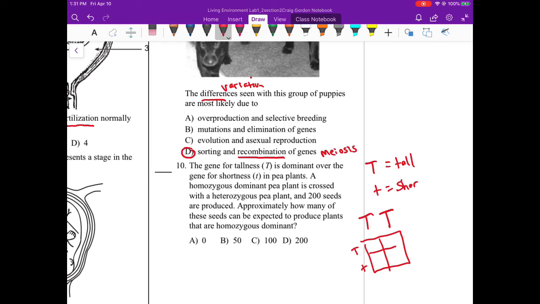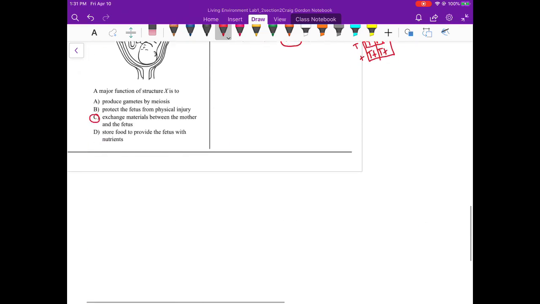How many of those seeds are expected to produce homozygous dominant? So if we do the cross, you're going to have 50% of them homozygous dominant, big T. So if 200 are produced, 50% of 200 is going to be 100. All right, nice little review for you.